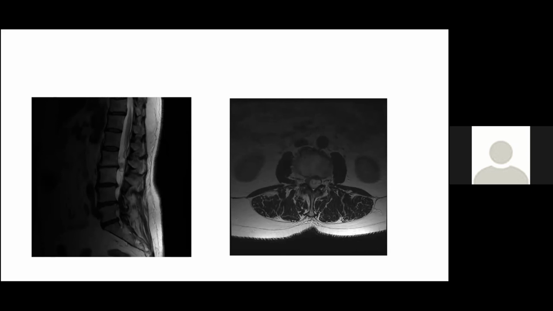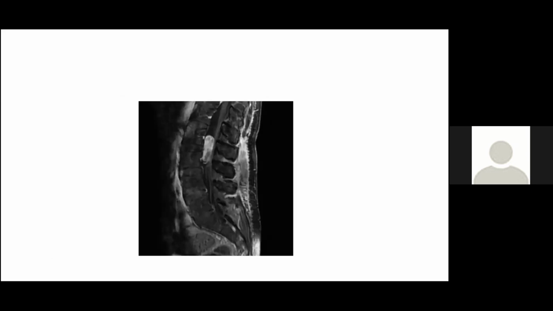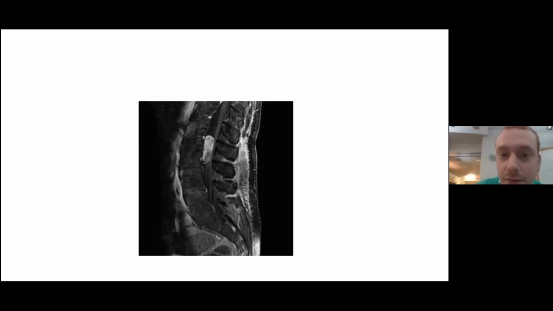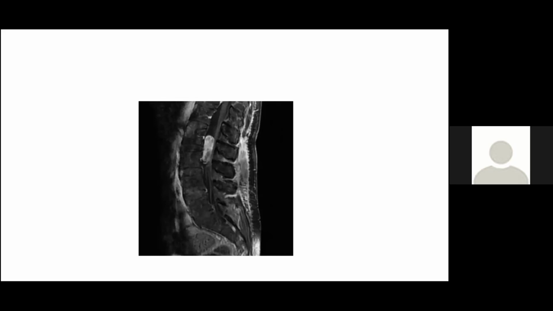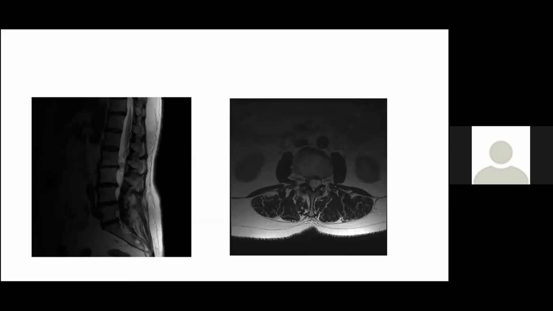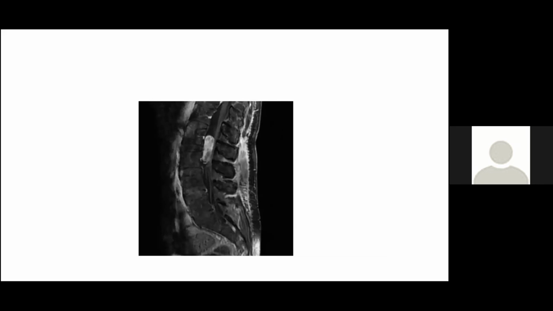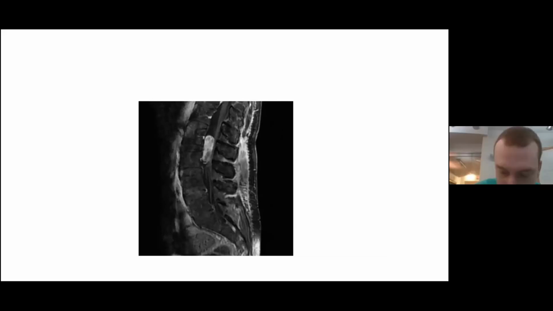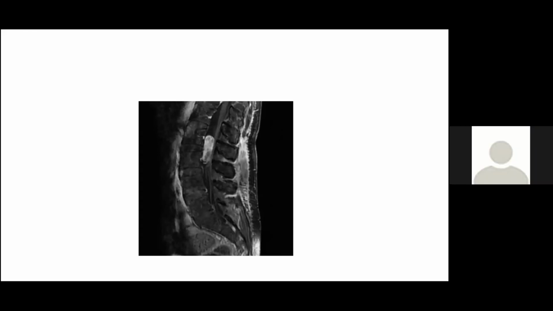Sorry, this is the contrast scan. It's not exactly from this patient, has some problems, but looks very similar to this one. So it looks like an intradural lesion at the conus. It's contrast enhancing. The differential includes a myxopapillary ependymoma. What else? Schwannoma, it could be.